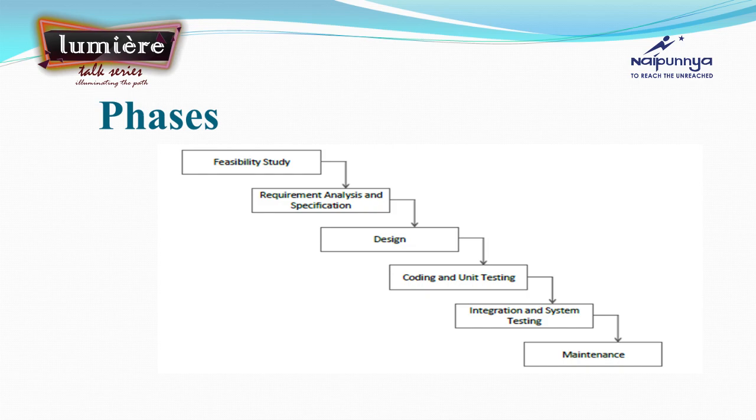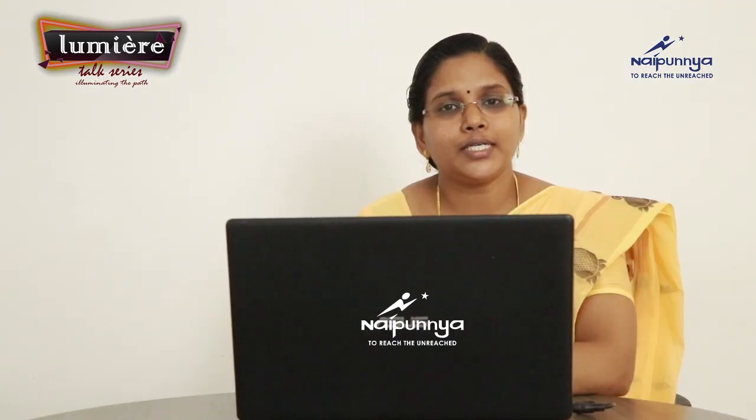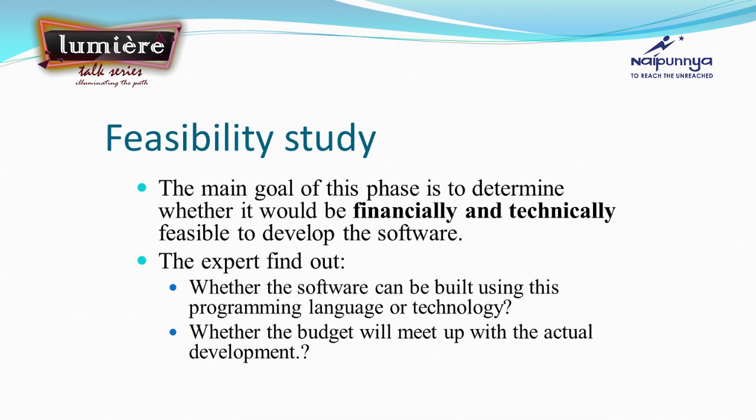So these are the phases of the classical waterfall model. First, we will discuss what a feasibility study is. The main goal of this phase is to find whether the software is technically or economically feasible to develop.